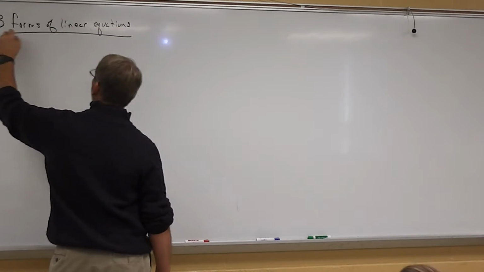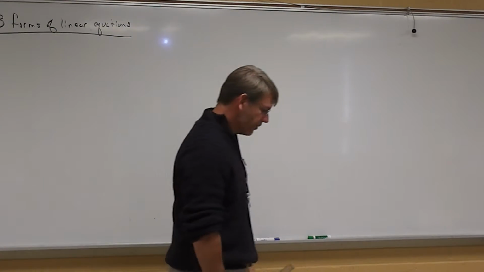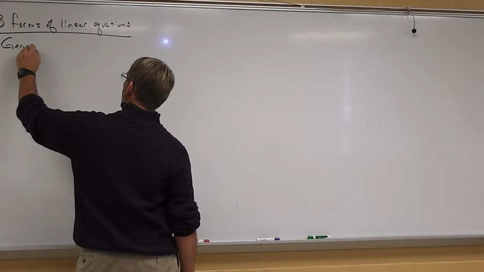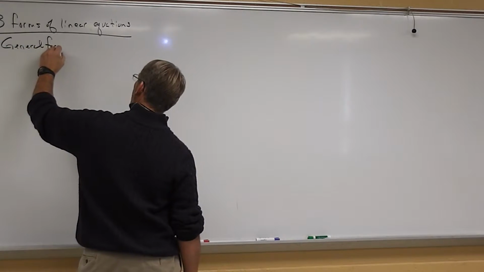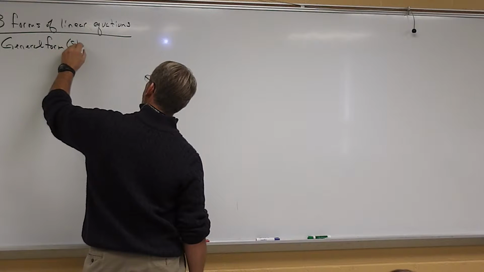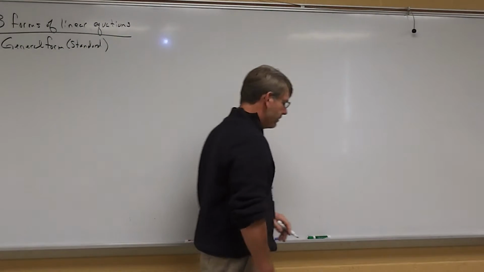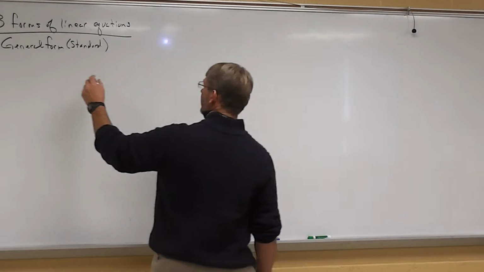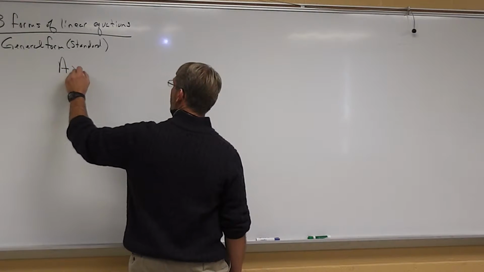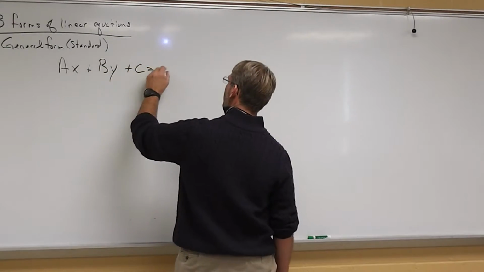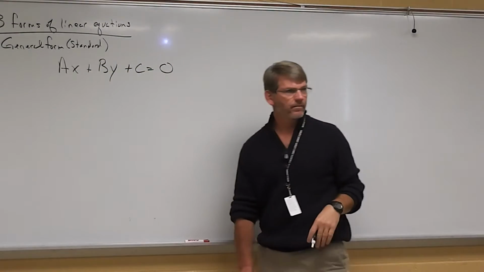All right. First one, general form. Some textbooks will call it standard form. In this format, you've got a times x plus b times y plus c equals 0.